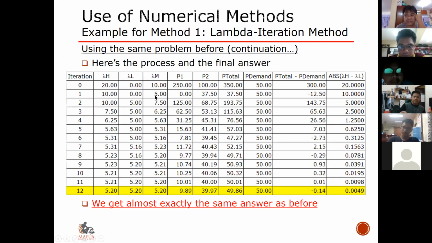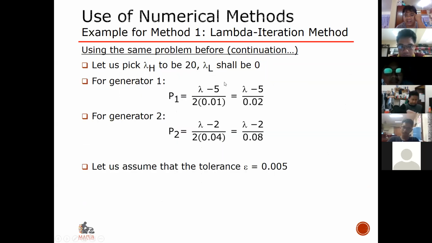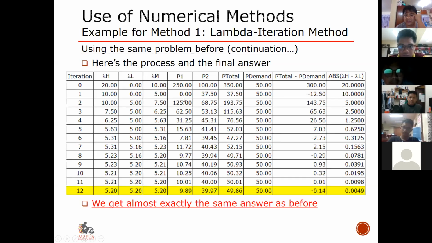So yung 5 na yan, pasok mo ulit dun sa 5 minus 5 over 0.02, na 5 minus 2 over 0.08. Eventually, you'll get 0 kasi 5 minus 5 nga, no? And this one. So kulang naman yung total na generation sa demand. So next iteration, yung low point, papalitan ko ng midpoint dun sa previous.